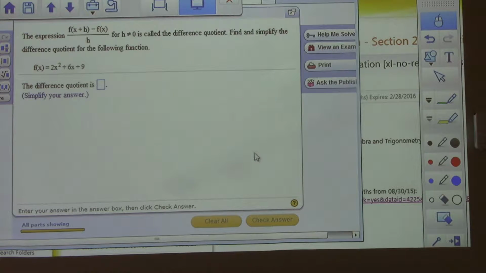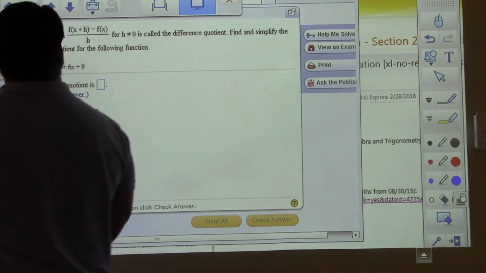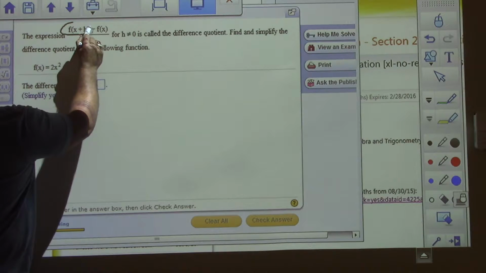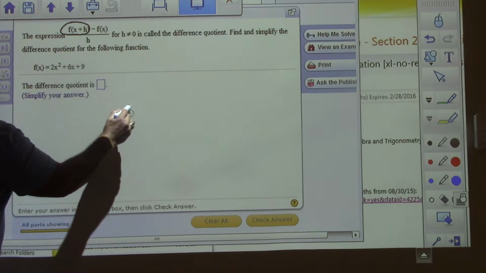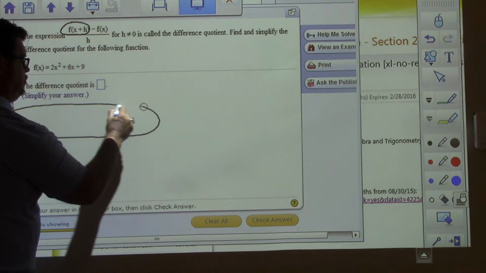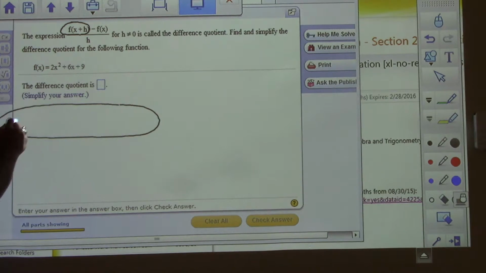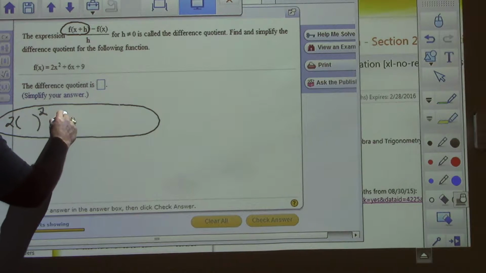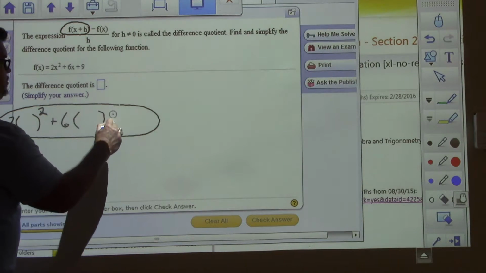Alrighty. Y'all ready? So I'm going to rewrite this guy, and I'm going to put this in a circle, just like I did before. I'm going to rewrite this as 2 parentheses squared plus 6 parentheses plus 9.